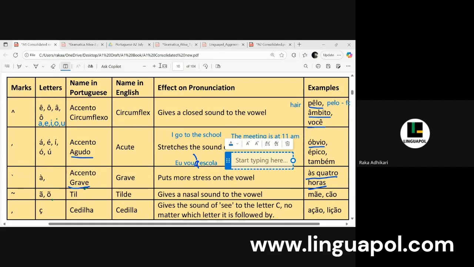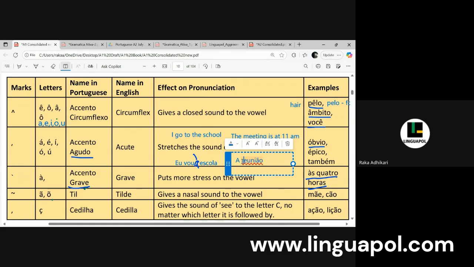For meeting, we use the word reunião. Let me write it. We'll read this word as a reunião.